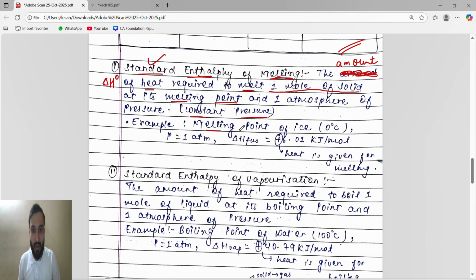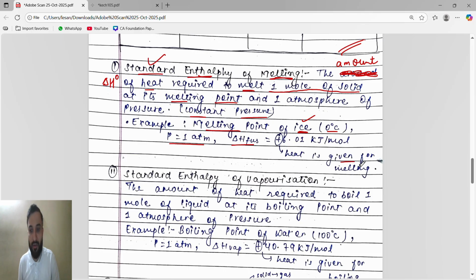So for example, the solid is ice, the melting point of ice is 0 degrees Celsius, pressure is 1 atm. Delta H fusion, the enthalpy of fusion or enthalpy of melting of ice, is plus 6.01 kilojoule per mole.